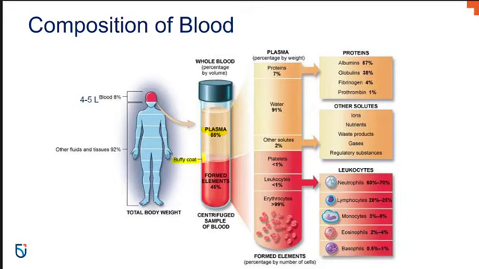We have this buffy coat here in the middle, and the buffy coat represents your platelets and your leukocytes. And then what you see in red, that represents the erythrocytes, or the red blood cells, which make up the majority of what's called our formed elements.